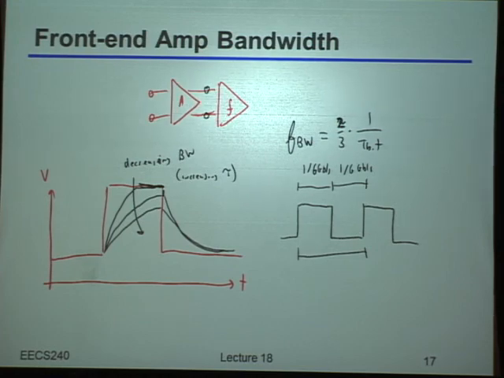Yes? So is all of this assuming that you're sampling... Okay, great question. So you were asking, well, does all of this assume that you're sampling, let's say, at the quote-unquote right spot, meaning right at the peak where you actually have the most signal amplitude? To zero order, yes.